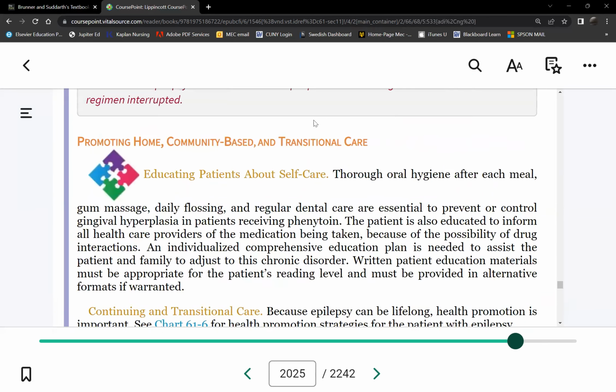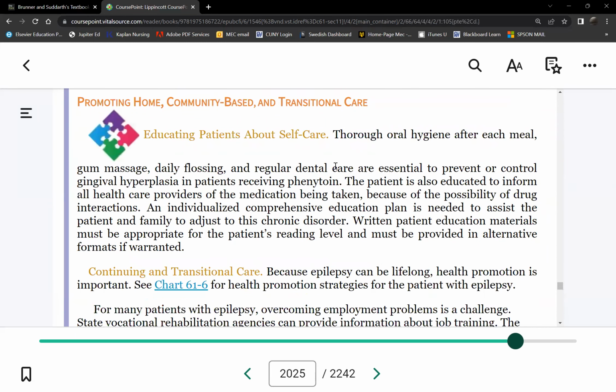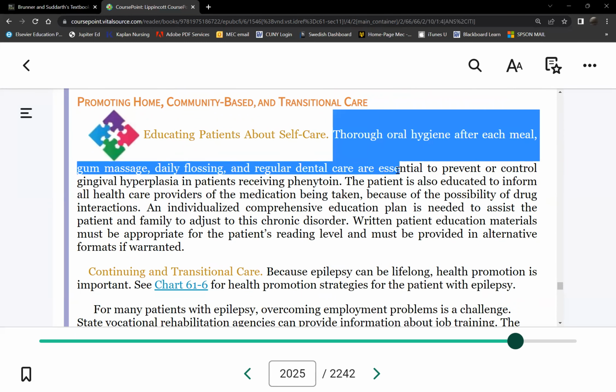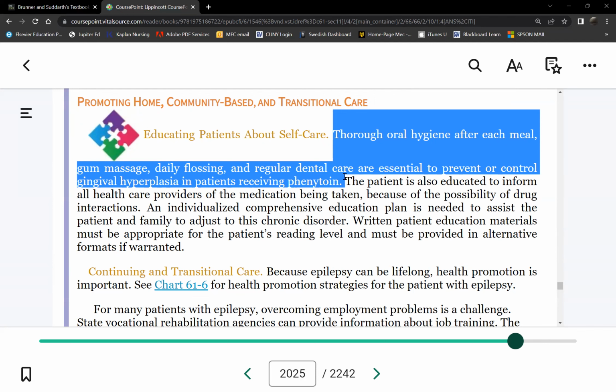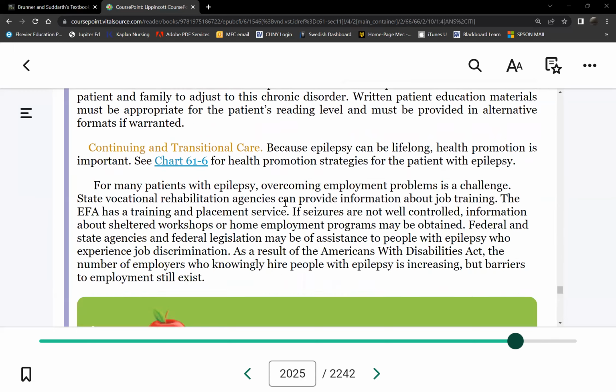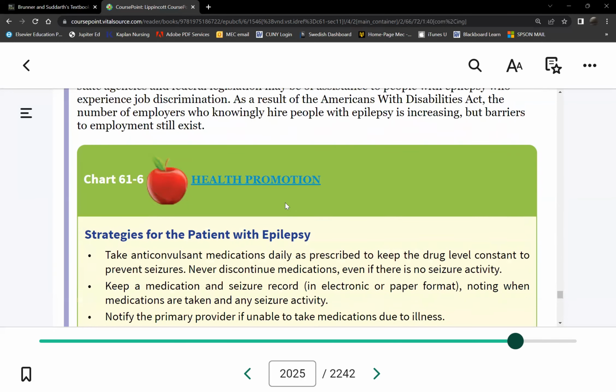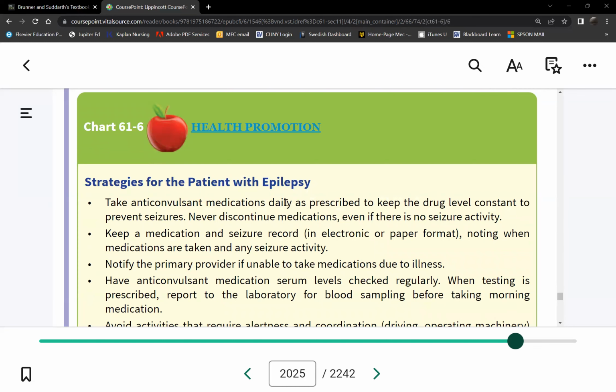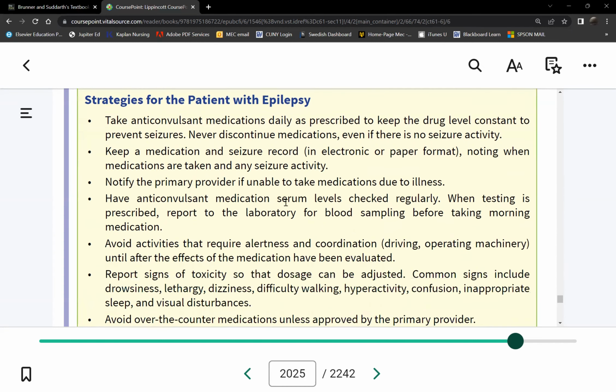So here are the nursing care points for patients on phenytoin especially. Meticulous oral hygiene, oral care, to prevent gingival hyperplasia. And here are more teachings, chart 61-6.